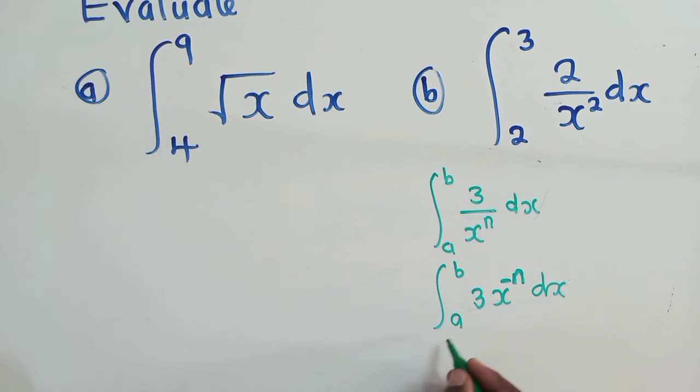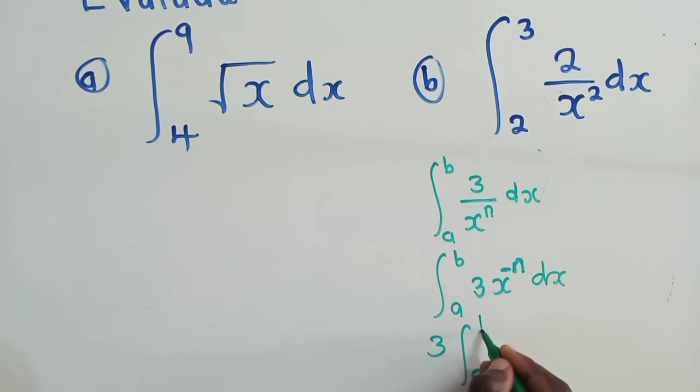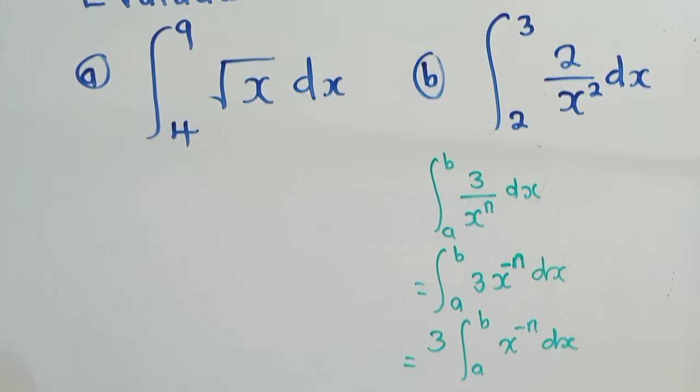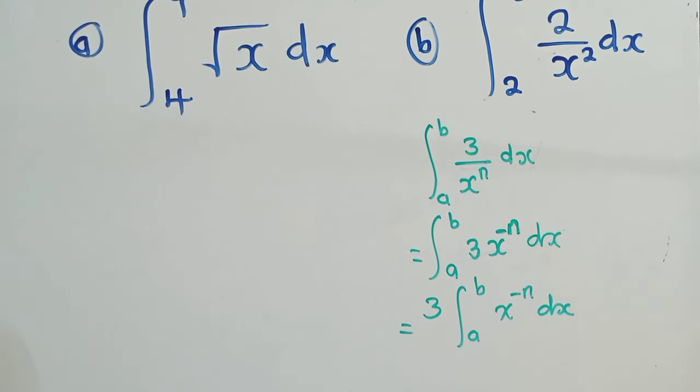So we can now factor out 3 because it's a constant, and we remain with what we have here. So these are the steps that we need. Next, we shall have a 3 there, x power negative n plus 1.